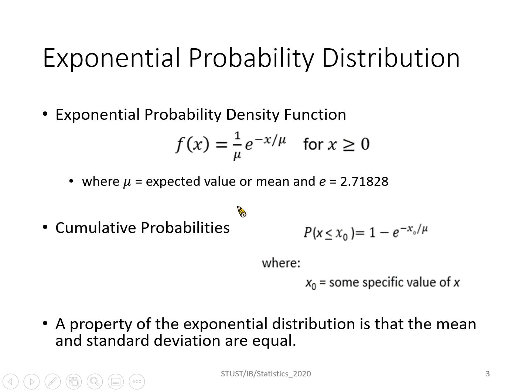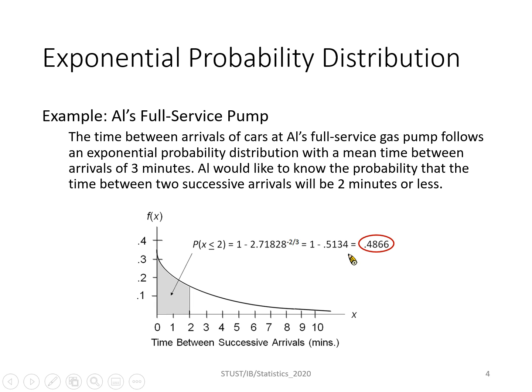Following our cumulative probability formula, the x0, the specific value of x, is 3. Today we would like to know x less than a specific value. But here, what we would like to know is that two successive arrivals will be 2 minutes or less.